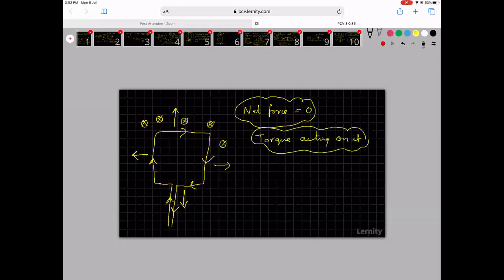So this is the next thing that mankind discovered, that the moment you pass current through this particular wire, that wire will start rotating. And from there, mankind could discover motors, and this led to the next big change as far as the industrial revolution is concerned.